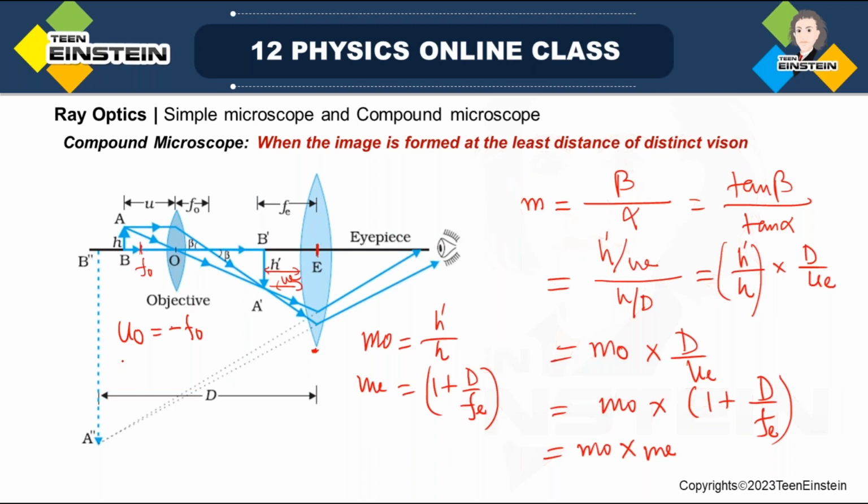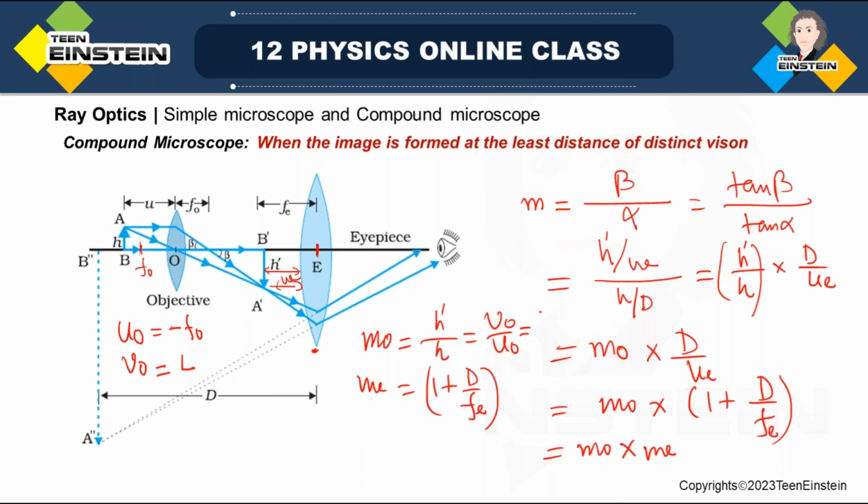So this distance, Vo, will be L. So Mo can be written as Vo by Uo, right? So if the object is placed very close to the focus of the objective, then the image will be formed very near to the eyepiece.